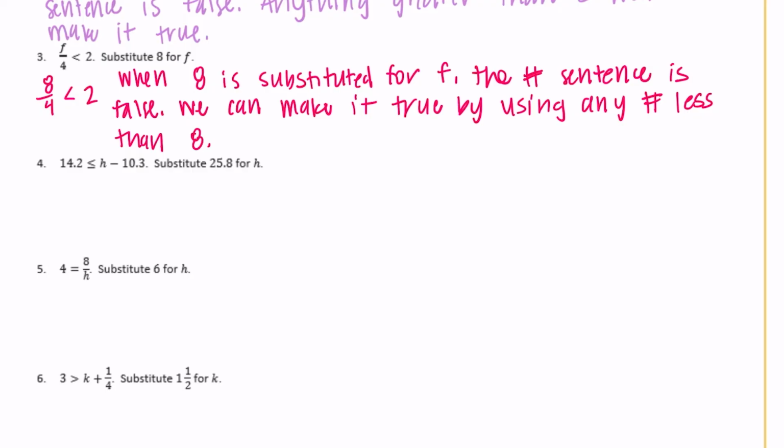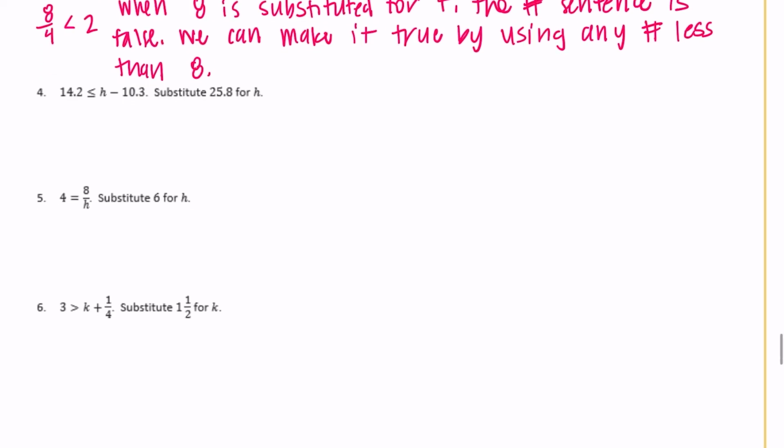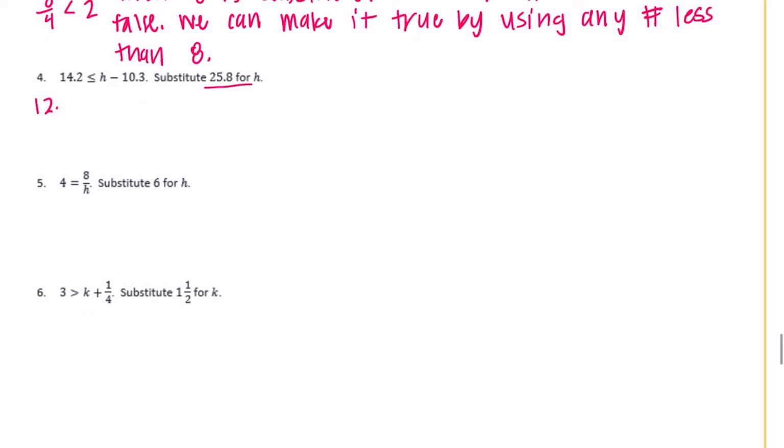Number 4, 14 2/10 is less than or equal to h minus 10 3/10. Okay, so 25 8/10 is h. So we'd have 14 2/10 is less than or equal to 25 8/10 minus 10 3/10.